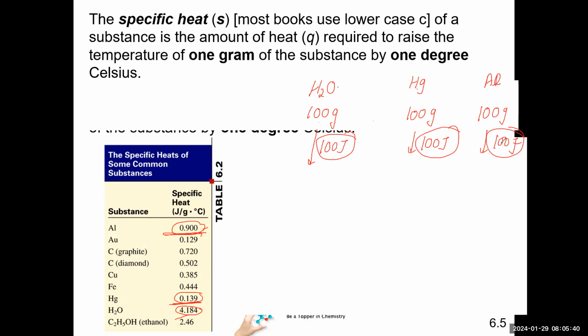So, are you okay that mercury will show you more rise because it needs only 0.139? If you supply 100 joules, it will show you a rise of 13.9 degrees Celsius if I take only 1 gram.